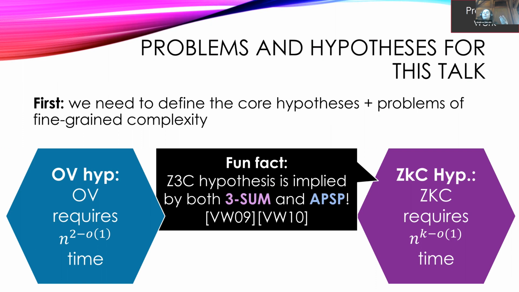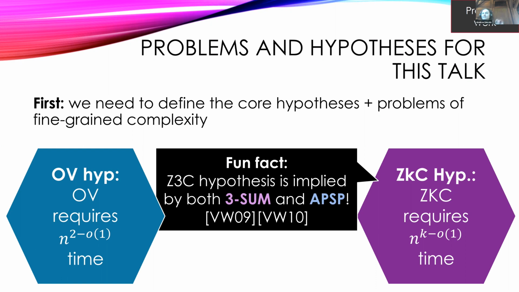It's implied by both the 3SUM and all pairs shortest paths hypotheses. So we're going to be working primarily with 0 3-clique and OV in this talk. And I'd like to just quickly note that both of these are assumptions that state that these problems just take brute force time. And yet, they're implied by a variety of hypotheses that are relatively long-standing and well-believed.